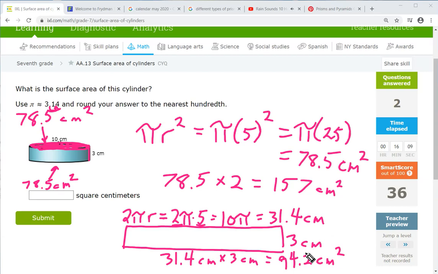We have 94.2 square centimeters plus 78.5 square centimeters plus another 78.5 square centimeters. But we already multiplied this by 2, and we said that this was 157 square centimeters. So now we just have to add these two together.